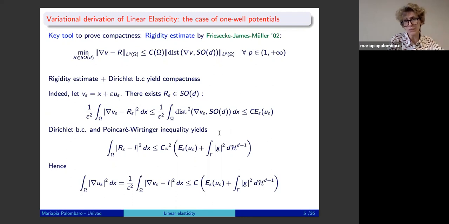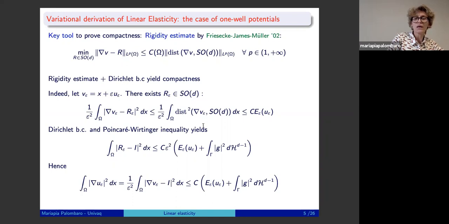At least, one cannot directly apply this rigidity estimate. So the difficulty in the case of more than one well will be due to the presence of several wells and to the fact that this rigidity cannot be applied directly.